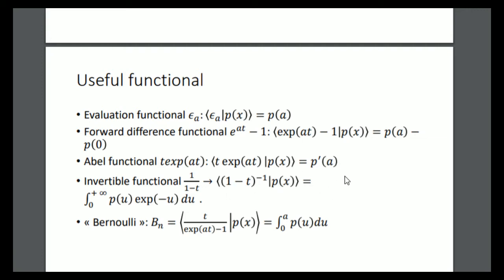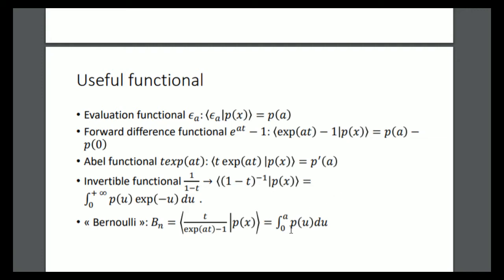The invertible functional, 1 over 1 minus t, when you apply it on p of x, you end up with the integral of p times a decreasing exponential integrated from 0 to plus infinity. The Bernoulli functional, it's not called that, it has no name and is linked with Bernoulli numbers.